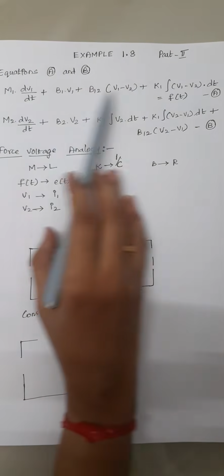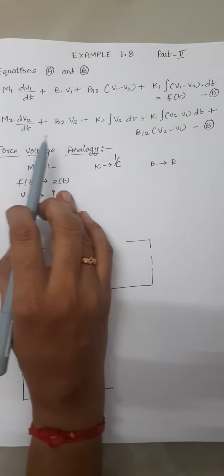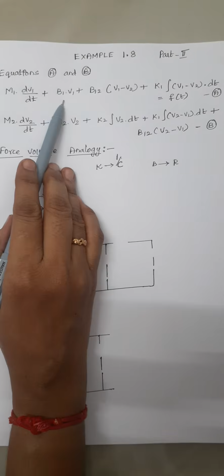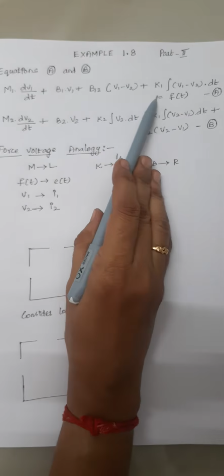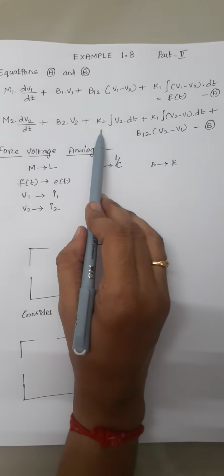So from expressions 1 and 2, just list out what are all the elements present here. We have M1, B1, B12, K1, and also M2, B2, K2.